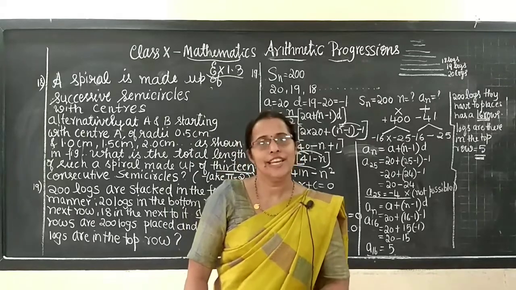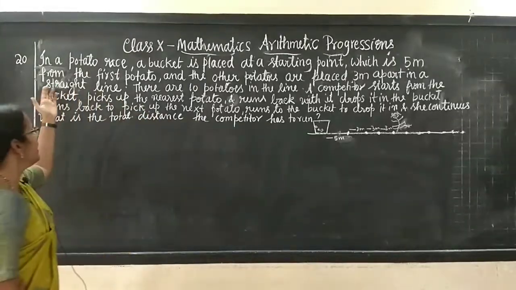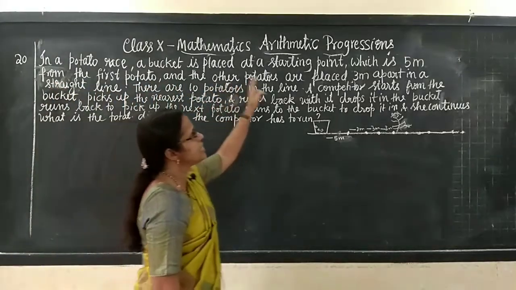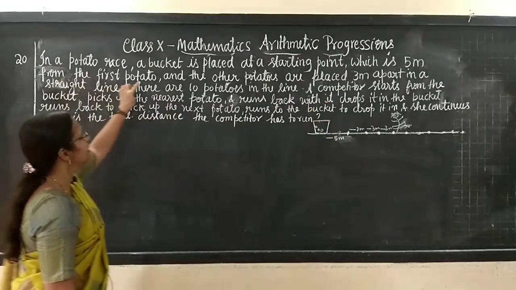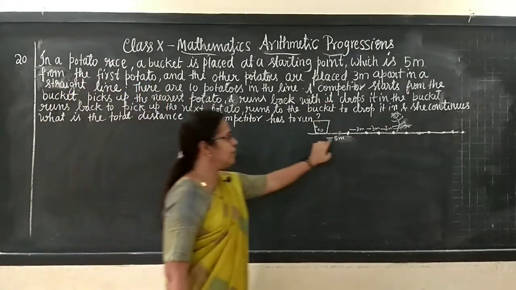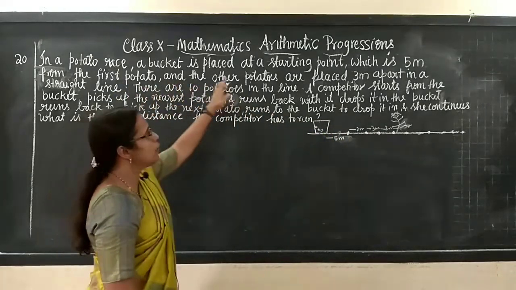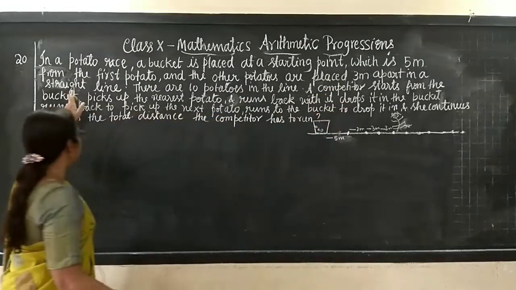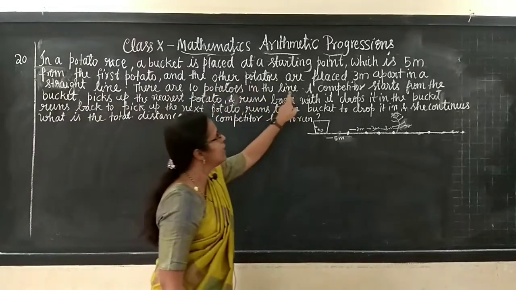Let us move to the next problem now. Now see the next problem. In a potato race, a bucket is placed at a starting point which is 5 meters from the first potato. Then the other potatoes are placed 3 meters apart in a straight line. There are 10 potatoes in the line.